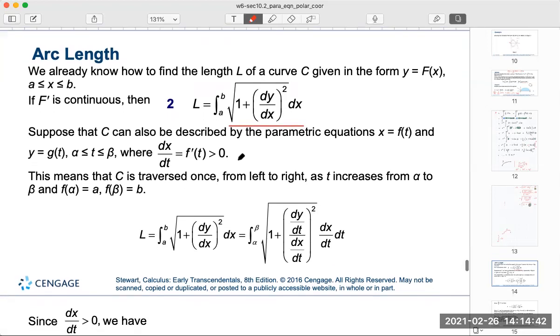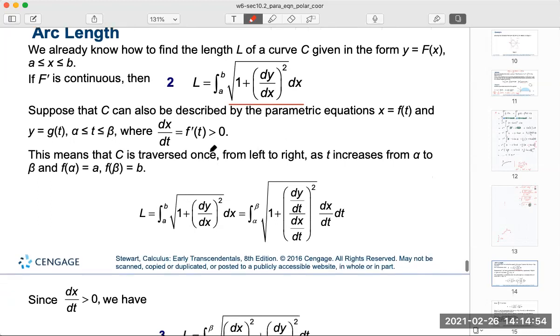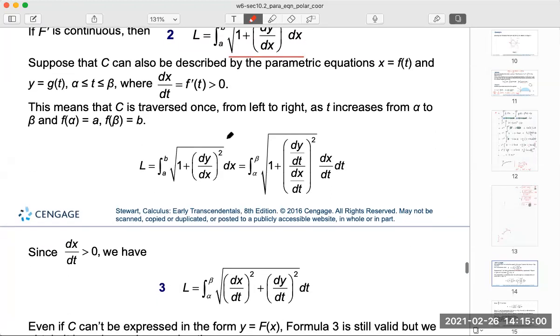From this, suppose the parametric equation is x equals f of t, y equals g of t, with t from alpha to beta in this interval. And the first derivative, dx over dt, is positive, we suppose. Okay?